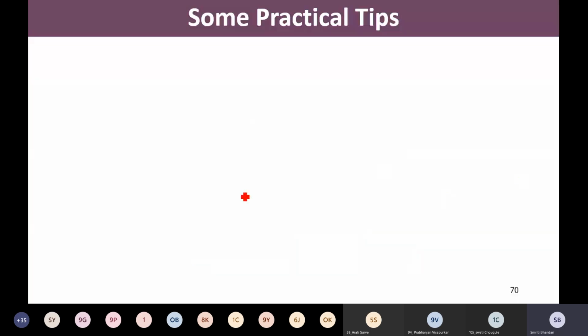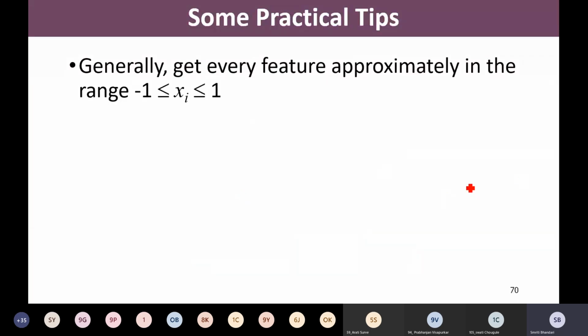Now let us talk about the second method. But prior to that, I'm providing you one hint. Generally, we approximate the range of the features such that it lies between -1 and +1. It is a general hint.